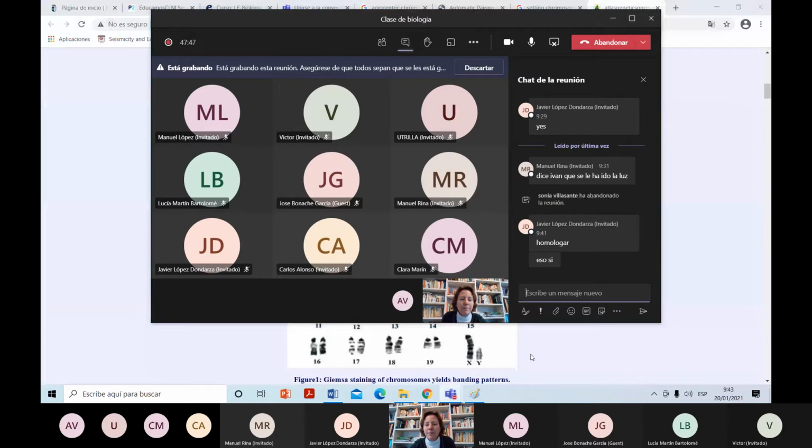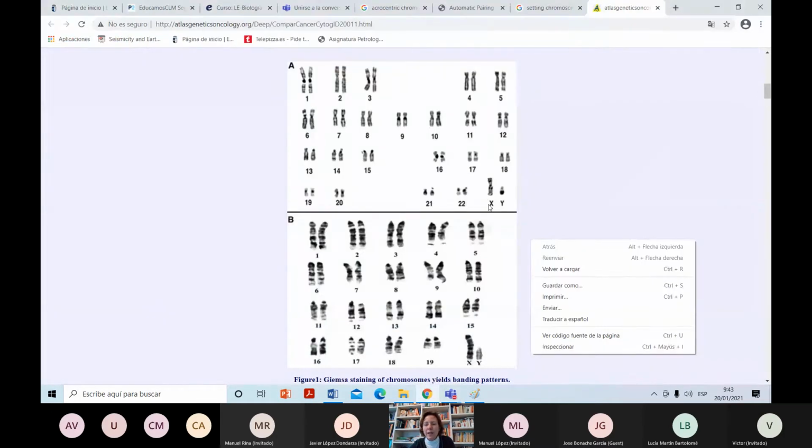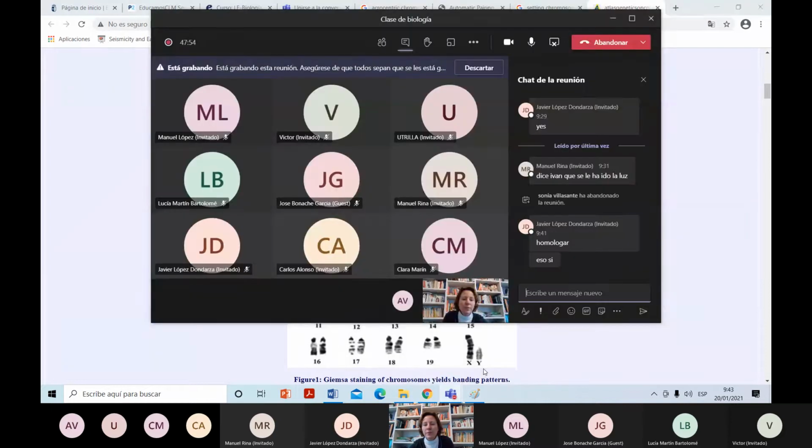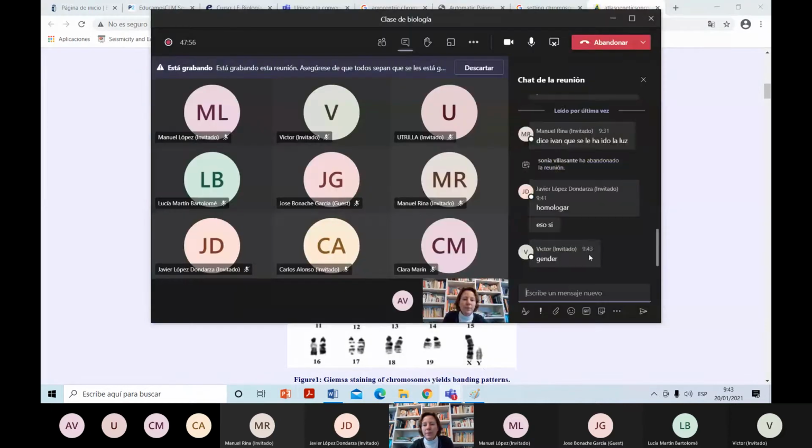Any idea? We've got these two letters there, X and Y. What is it referring to? The gender, okay, the sex.